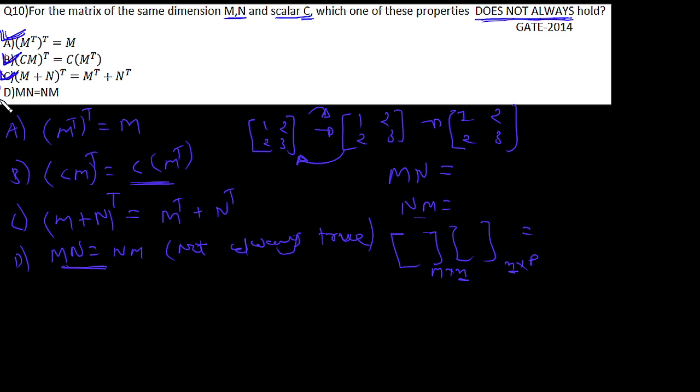So our correct answer for this problem is D, because the remaining three are always correct, but option D is not always correct. Okay, thanks for watching.